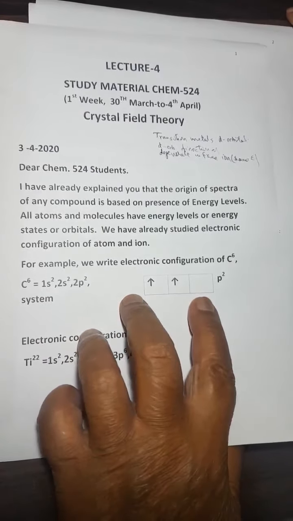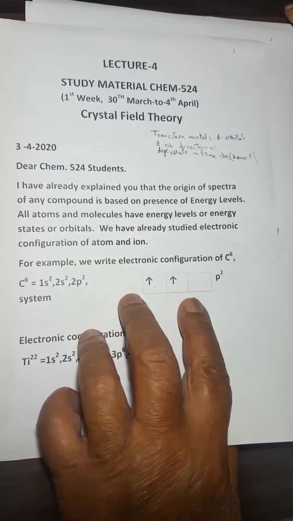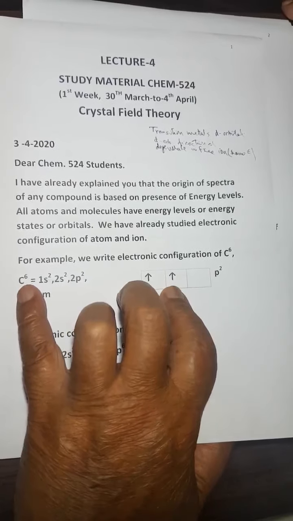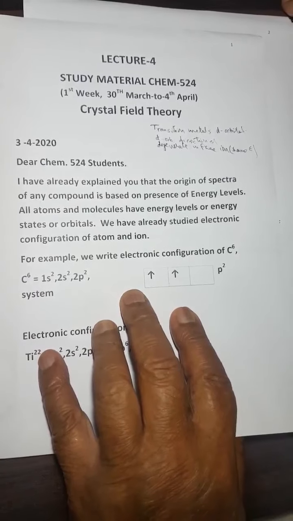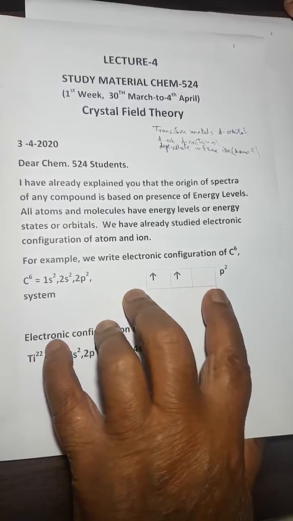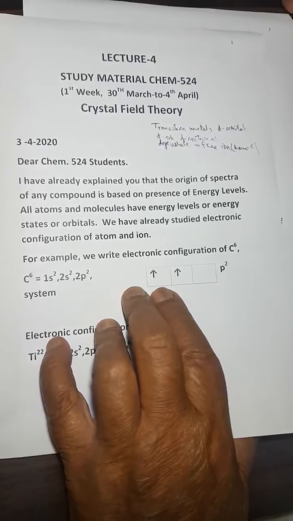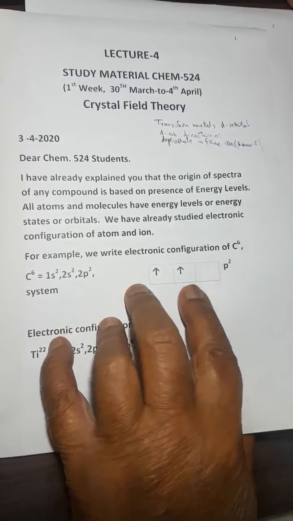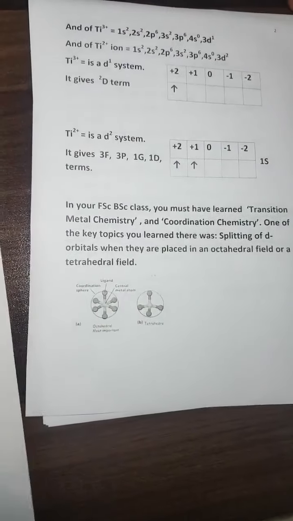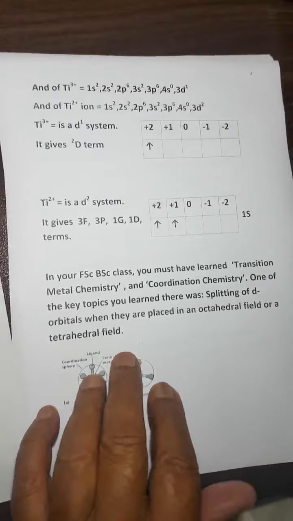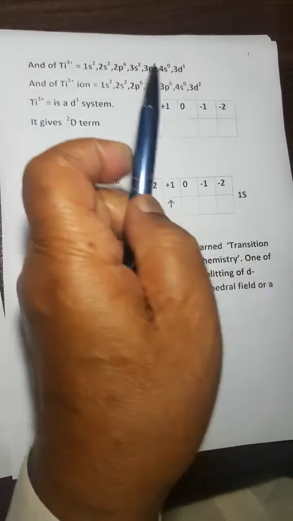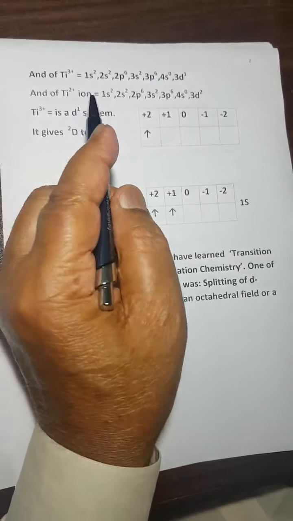These orbitals, as I have written them and as they exist in a given element, are degenerate. It means they have the same energy. Similarly, titanium 2 configuration and titanium 3 configuration.